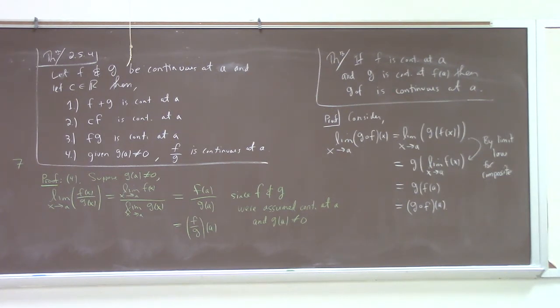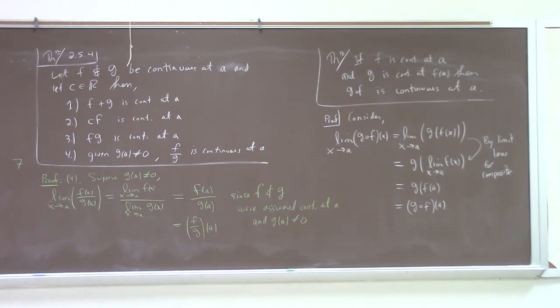Okay, so what do we know? Well, we know that the square root is a continuous function, all right? So we can look at this. This is like a composite of the square root function, and the function x maps to x minus 3 squared, right?